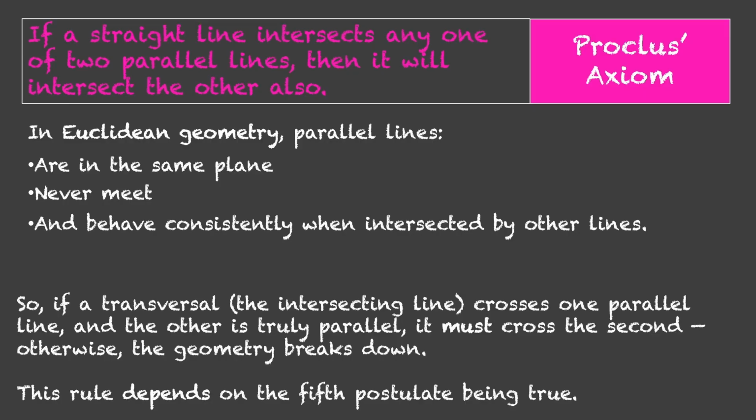So if a transversal crosses one parallel line and the other line is truly parallel, then it must cross the second. Otherwise, the geometry breaks down. So this rule depends on the fifth postulate being true, that two parallel lines are never going to meet, and if one transversal is intersecting one line, it will definitely intersect the other one as well.